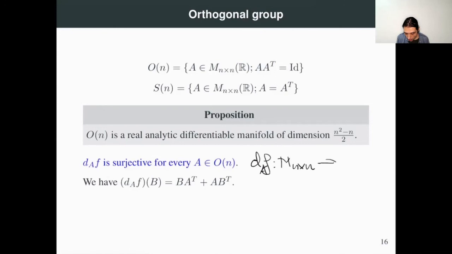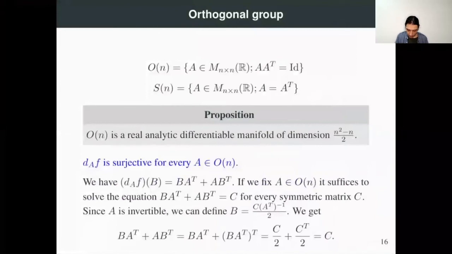So this map over here is a map between matrices and symmetric matrices. So what we have to do is showing that if we consider a symmetric matrix, then it's always in the image of the differential. Okay?